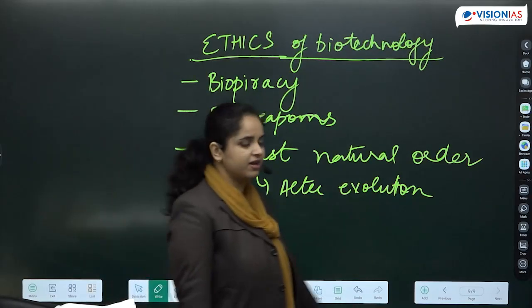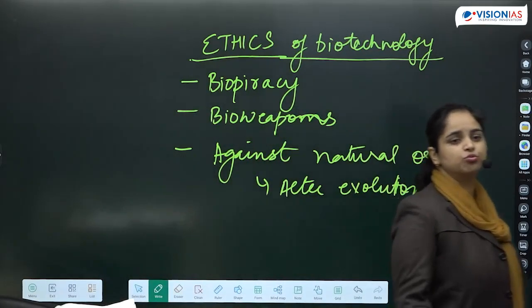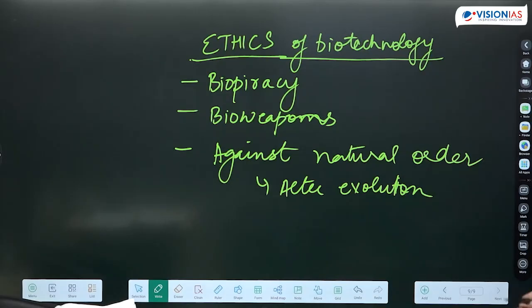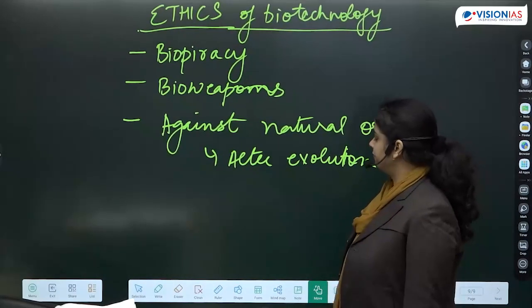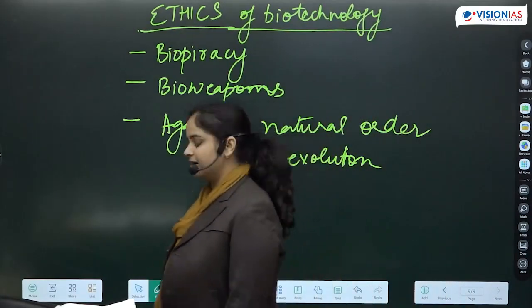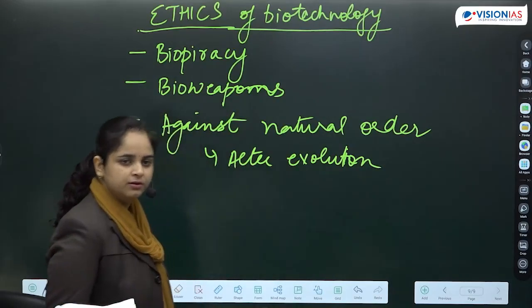That means the way organisms are supposed to evolve or change naturally, you are interfering with that. So this is like doing God's job. This is like doing God's work. And this is one of the biggest criticisms from the ethical standpoint for biotechnology.